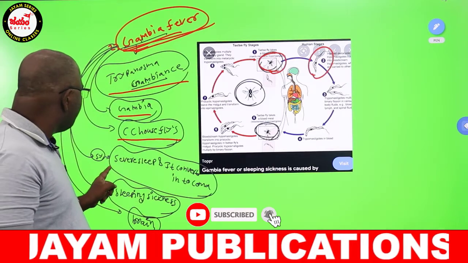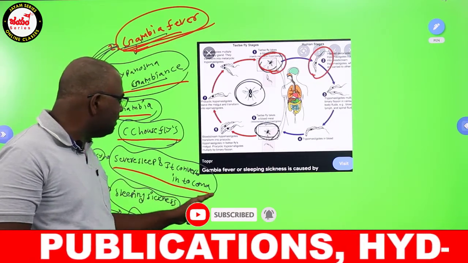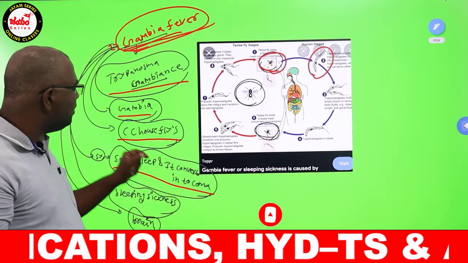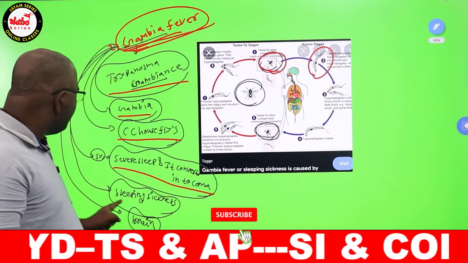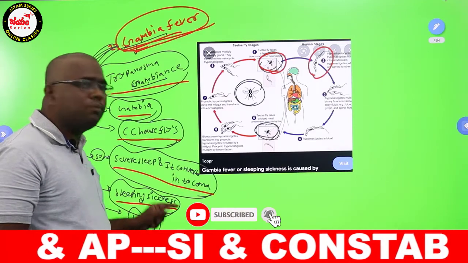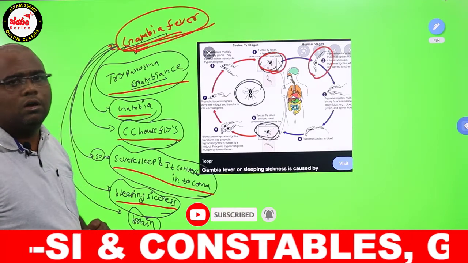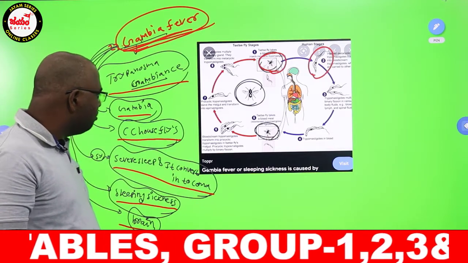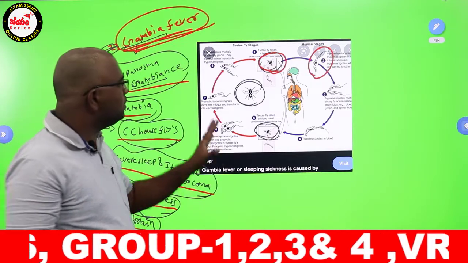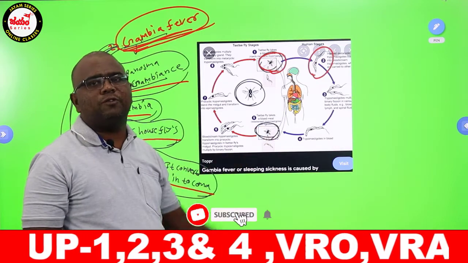The main symptom is severe sleep, and it converts into coma. The Gambia fever is also called sleeping sickness. It also infects the brain. This is the Gambia fever.